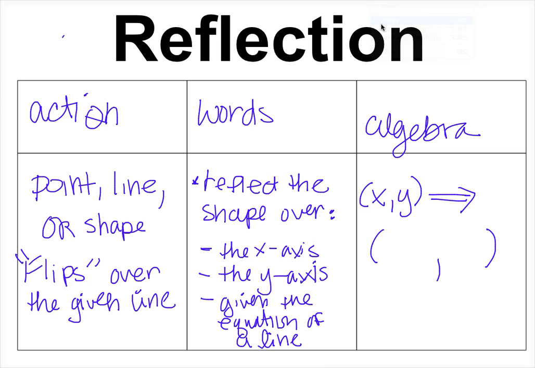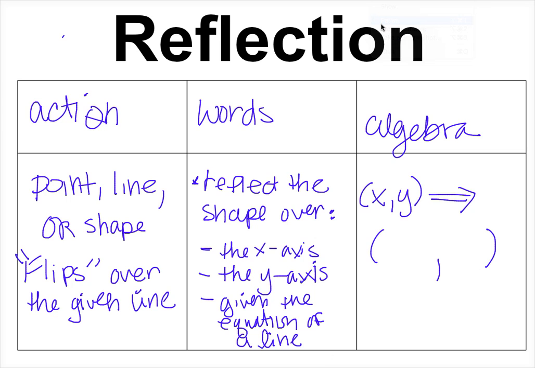Okay, the last thing we're going to look at is a dual situation where two things are going to happen. So number one, reflect the figure over the x-axis. So each of my points, A, B, C, D. So A is going to go up 2 from the x-axis.